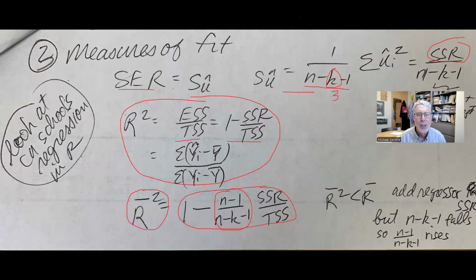What does this do? Well, the R squared formula, if you think about it for a little bit, and we'll talk about this again in class, whenever you add an explanatory variable, R squared automatically goes up. The reason is that adding an explanatory variable always improves the goodness of fit or leaves it the same.